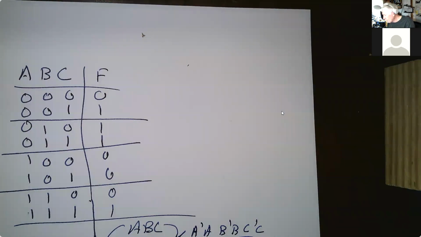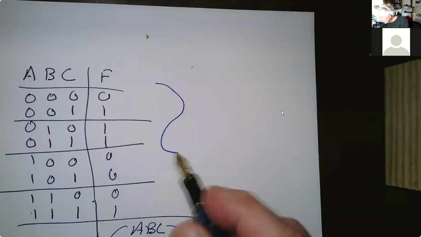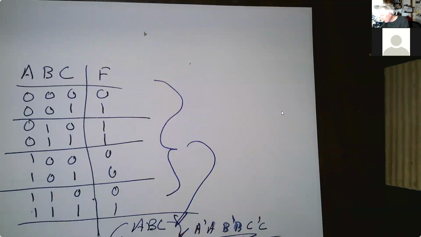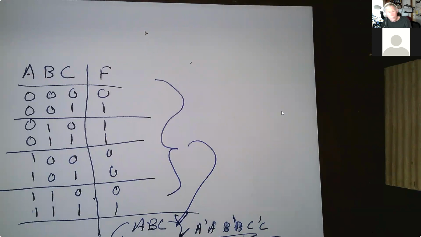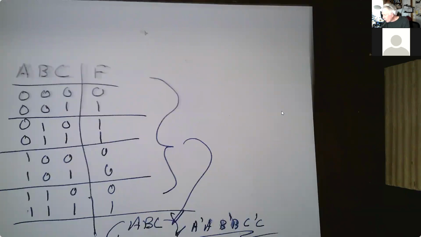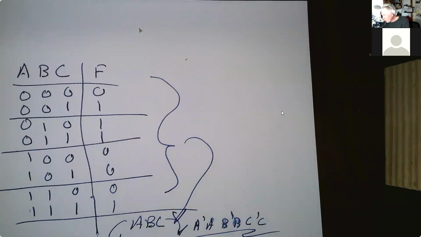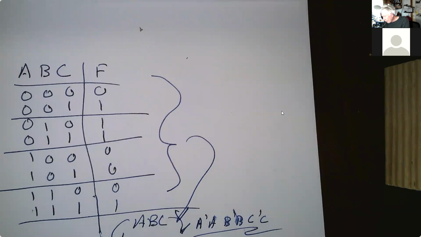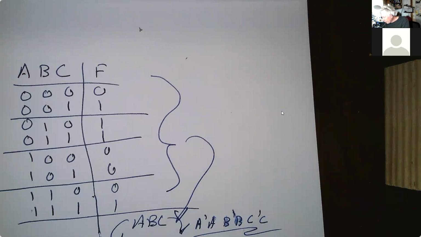All right, so how do we get from this to this? What we do is we use either what are called the min terms or the max terms.